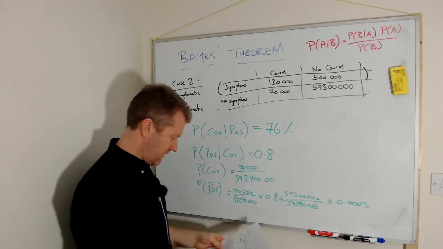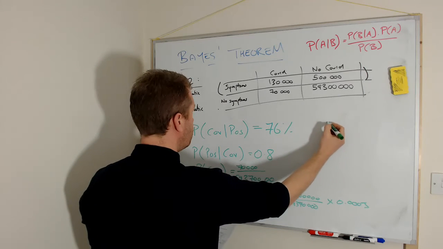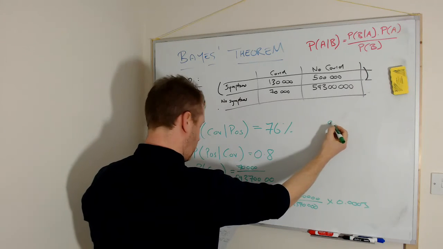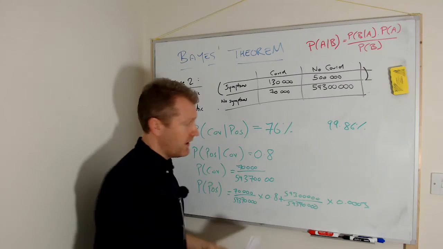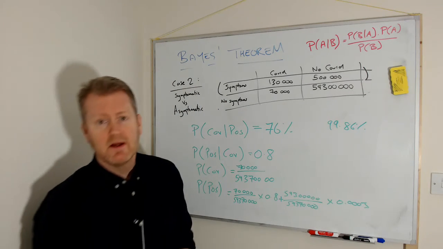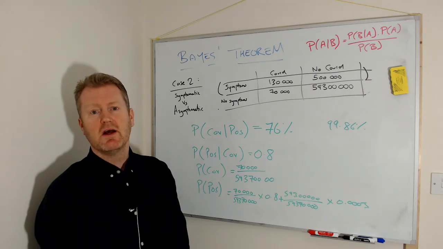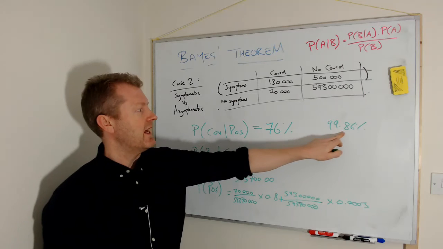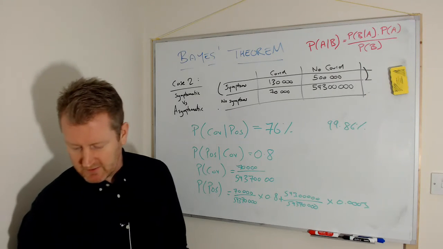So we're going to get a much higher result. If we put the figures in, I'll let you go through it. We get a figure of 99.86%. Okay, so that's if you were to do a lateral flow test with symptoms, you could be 99.86% sure that you actually had COVID if you got a positive result.